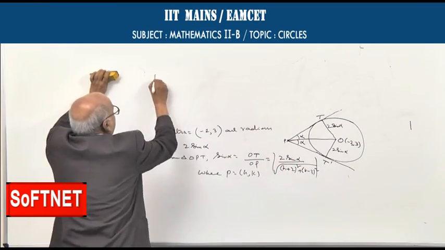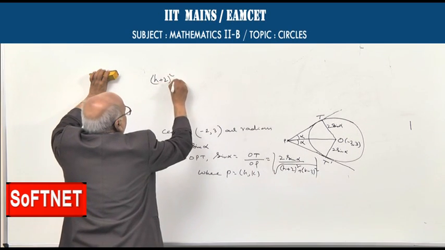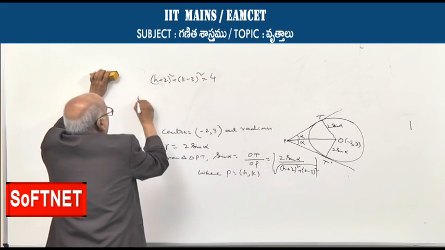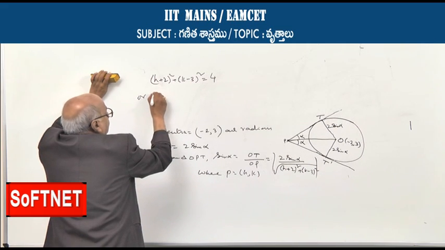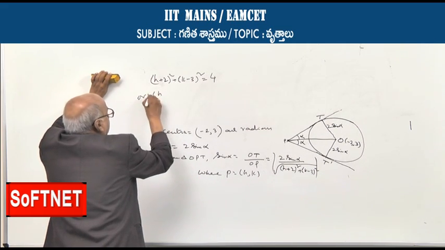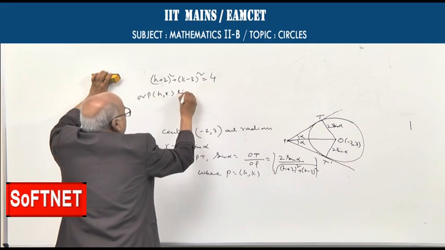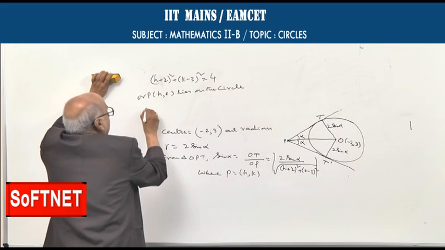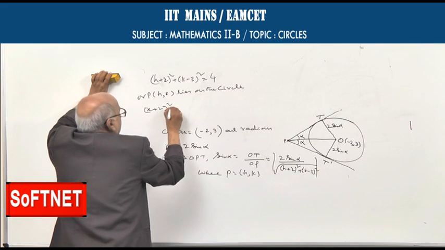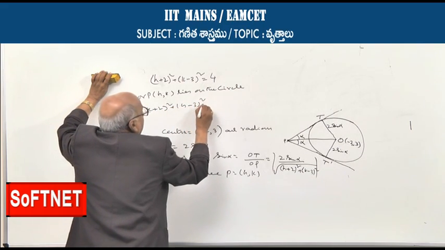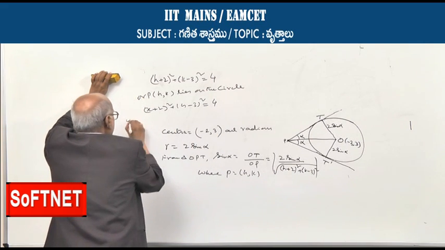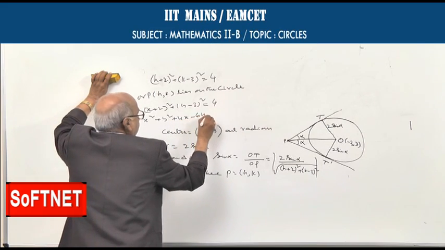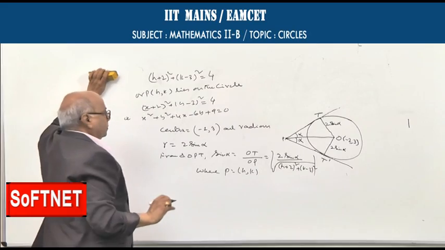So you will get (h plus 2) whole squared plus (k minus 3) whole squared is equal to 4, so P(h, k) lies on the circle (x plus 2) whole squared plus (y minus 3) whole squared is equal to 4, that is x squared plus y squared plus 4x minus 6y plus 9 is equal to 0.